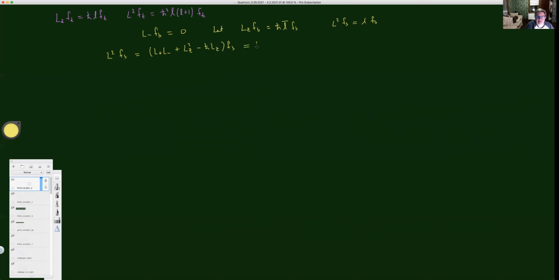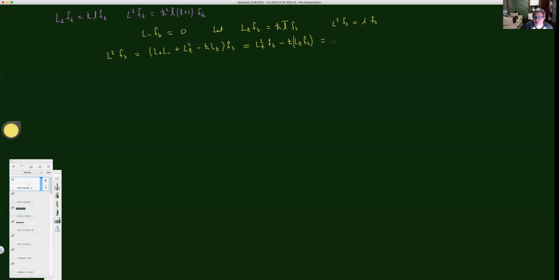So I'm going to write LZ squared FB minus H bar LZ on FB. Okay, so this one's just going to give me H bar squared L bar squared, and this is going to give me the same similar thing.